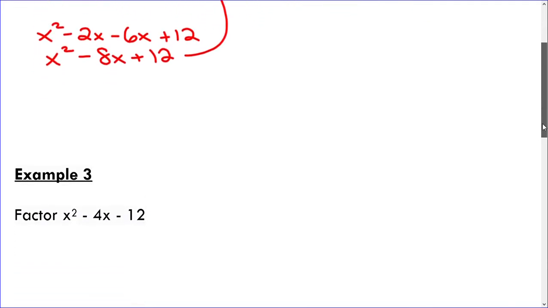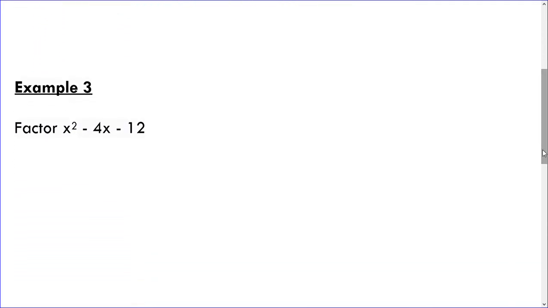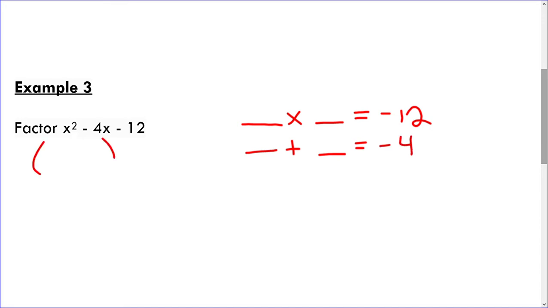In my next one, I'm factoring x squared minus 4x minus 12. So again, I'm looking to see what two numbers multiply to give me negative 12, and those same two numbers are going to add to give me negative 4. I've got my brackets, and I know my x's are going to come first. So what can I think of that multiplies to give me negative 12 and adds to give me negative 4?